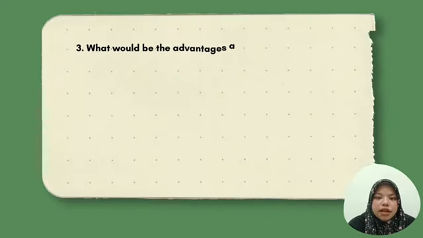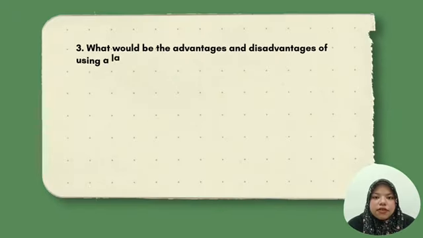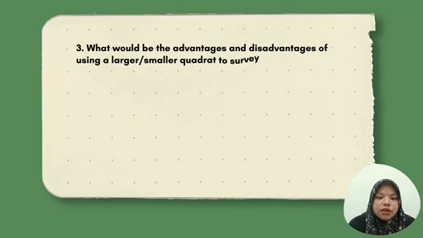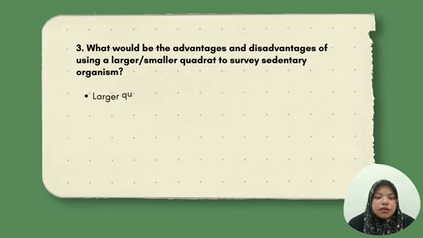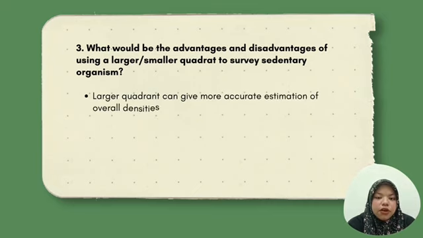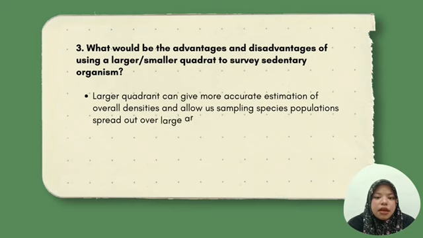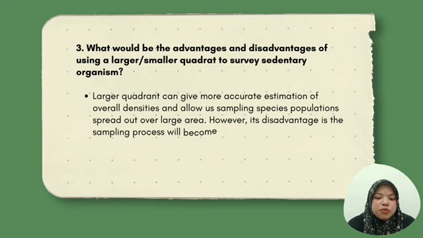What would be the advantages and disadvantages of using a larger or smaller quadrat to survey sedentary organisms? A larger quadrat can give a more accurate estimation of overall densities and allows us to sample species populations spread out over a large area.